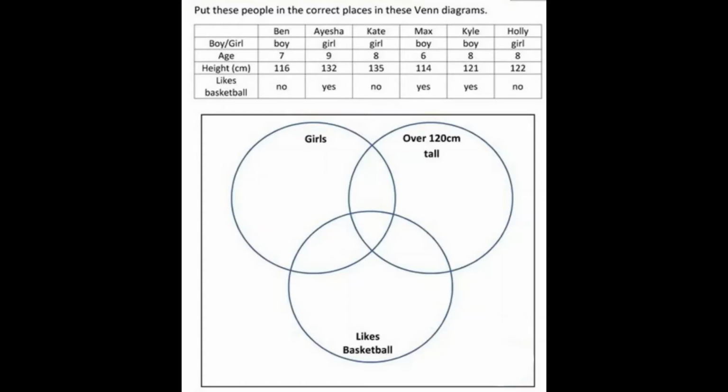And then likes basketball. Okay, so you're going to take that information here and then just put it inside the Venn diagram here. Okay, and you just write the number just like you saw on the previous one. Just tell me if it's 2, 3, 5, like that. Okay, and just fill it in and then send it out to me.